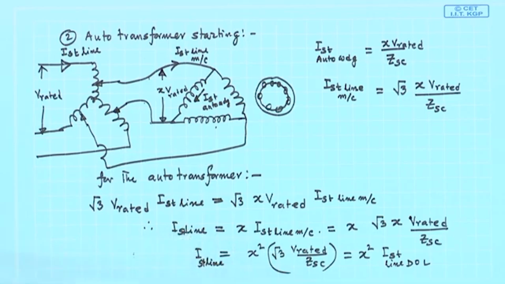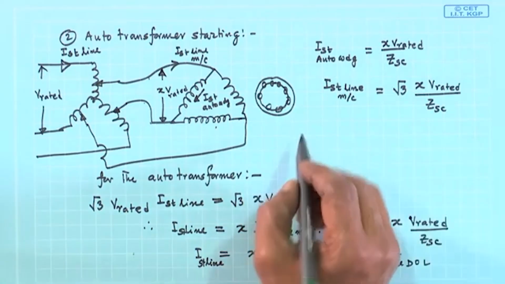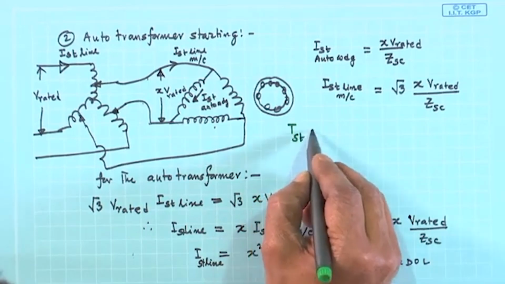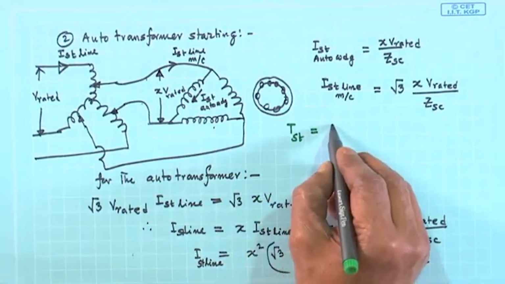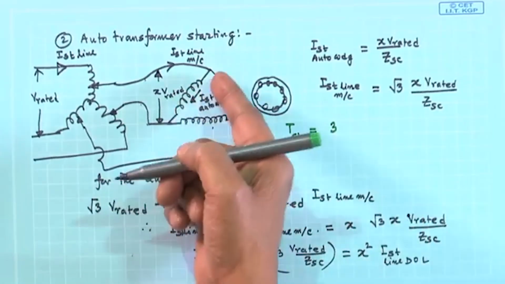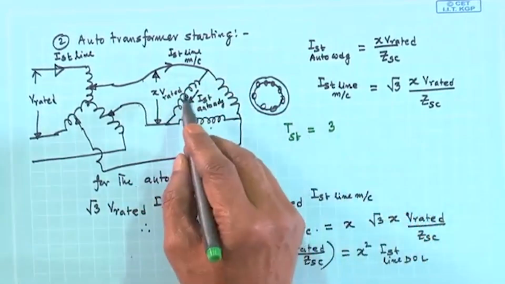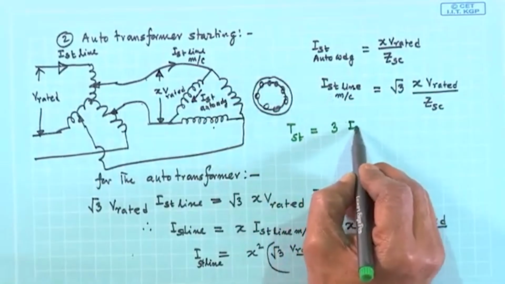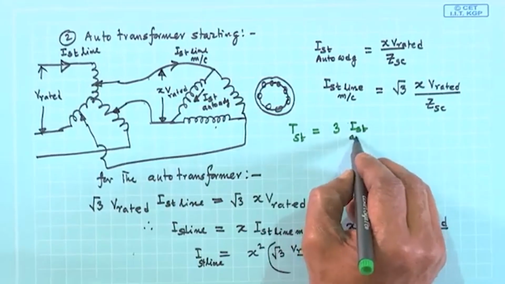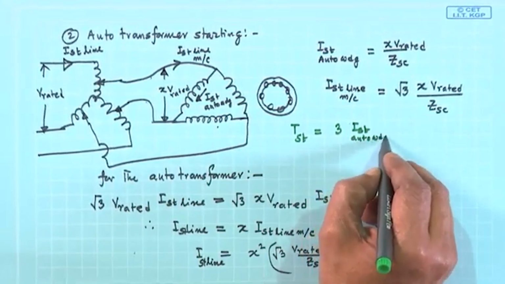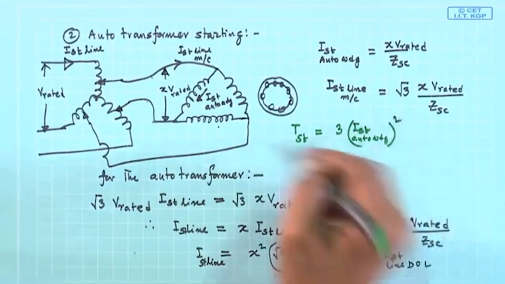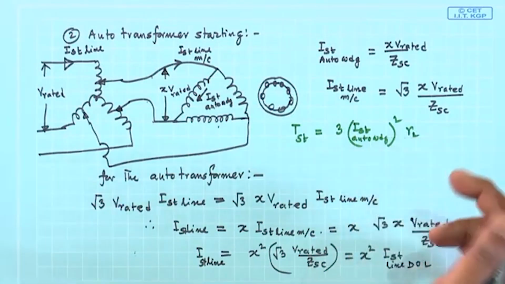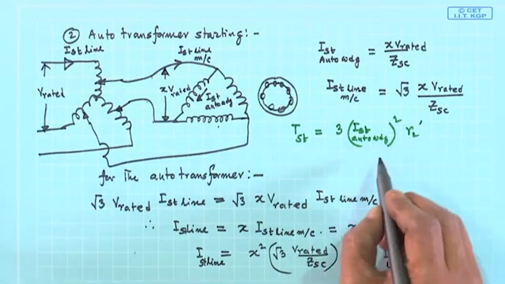And what about the starting torque? Let us calculate. Starting torque will be 3 times the current square, I starting auto winding, that is phase winding current squared into R2 dashed by s, in synchronous watts.